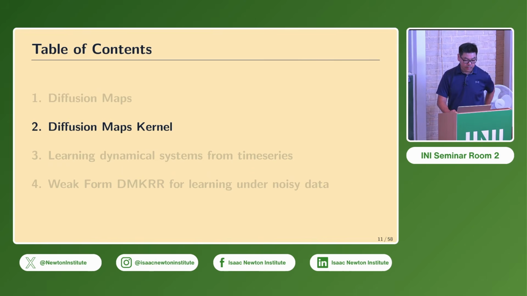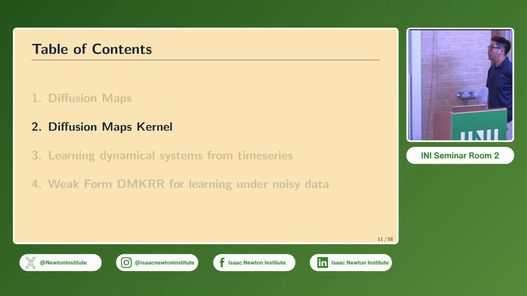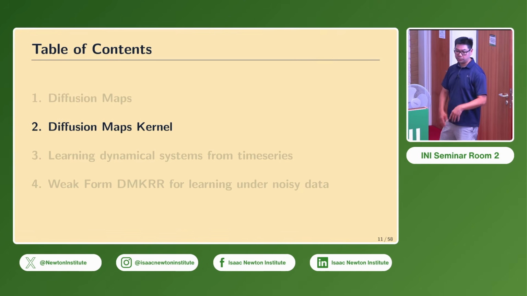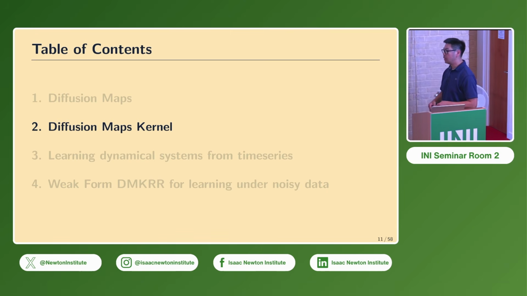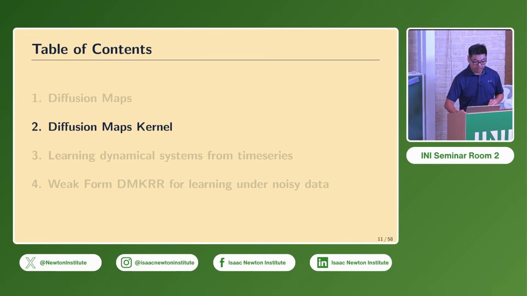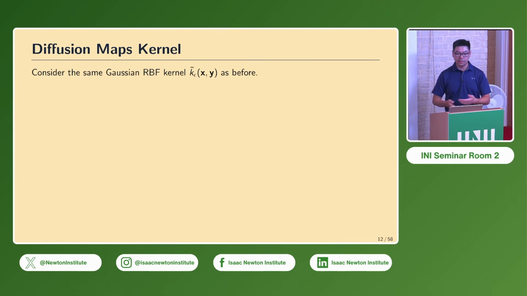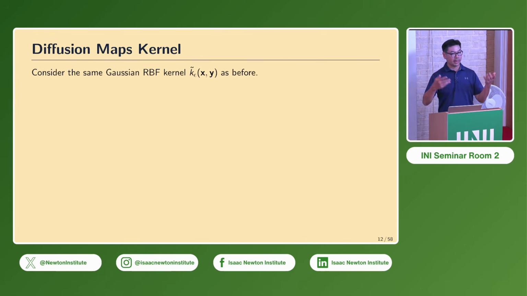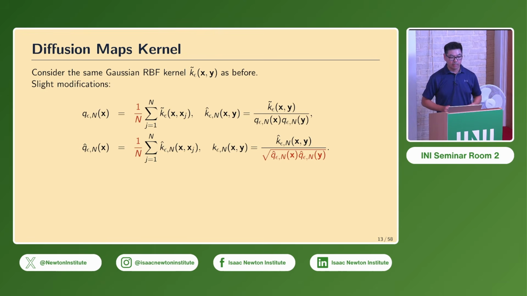Okay. So now, what is the diffusion maps kernel? Those were the diffusion maps algorithms. So now what is the diffusion maps kernel? This is the central object that I will use for learning dynamical systems. Okay. So let's consider the same Gaussian RBF kernel as before. Just the same Gaussian kernel, but let's do the normalization slightly differently.